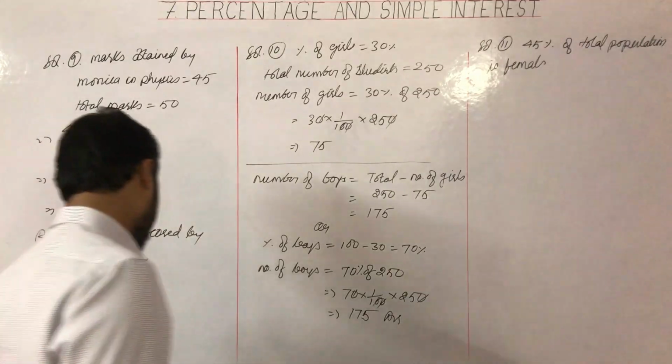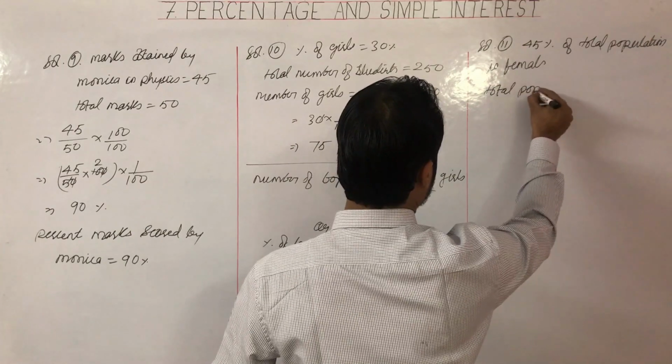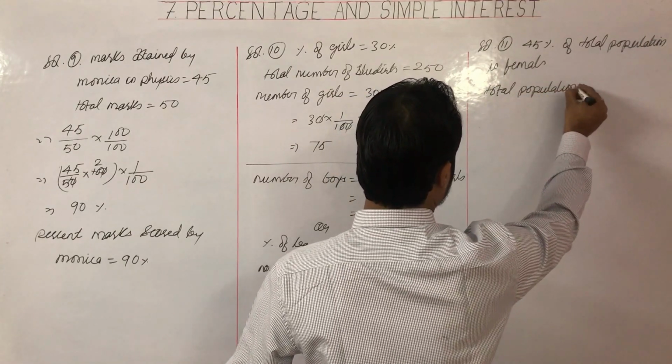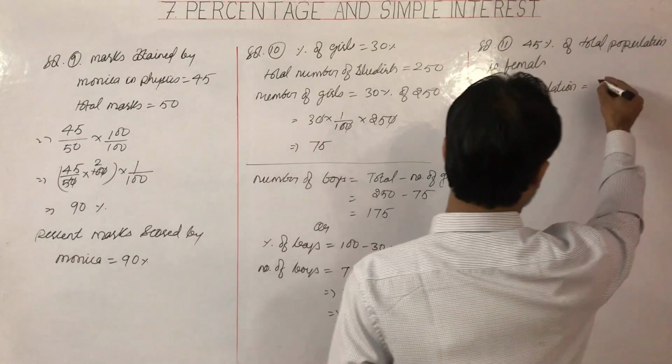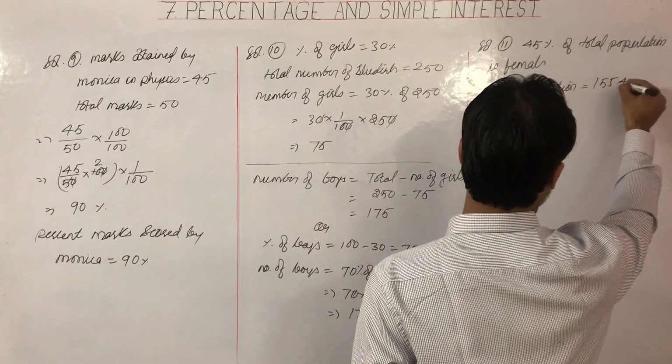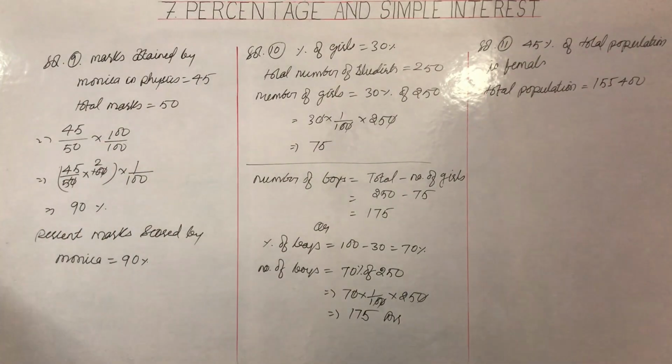Then total population. Total population is 155400. And we have to calculate number of males and females.